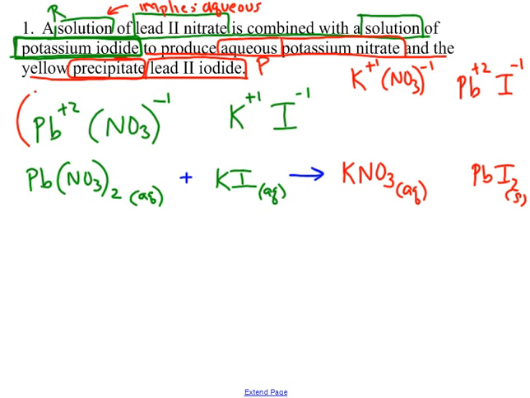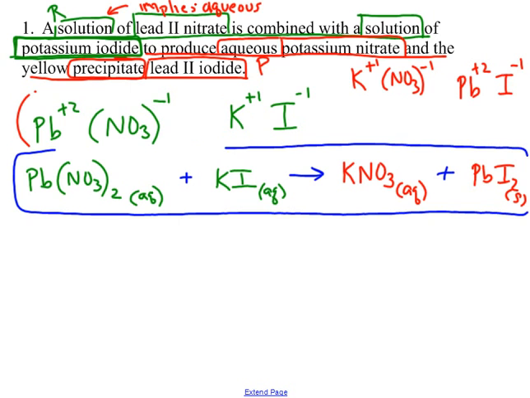And then really the only other thing I need to do here is put a plus sign between the two products to indicate that those are two separate substances. So this is a skeleton equation. What we have done is indicated the proper chemical formulas and the states of matter for this chemical reaction.